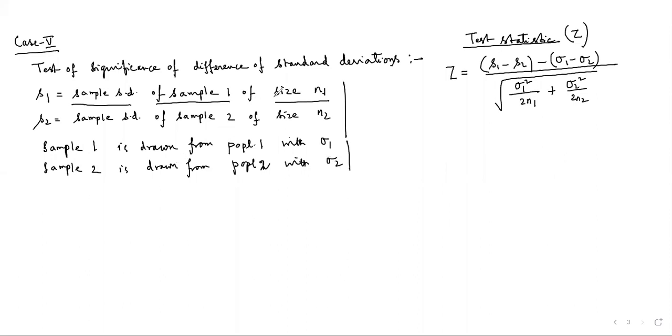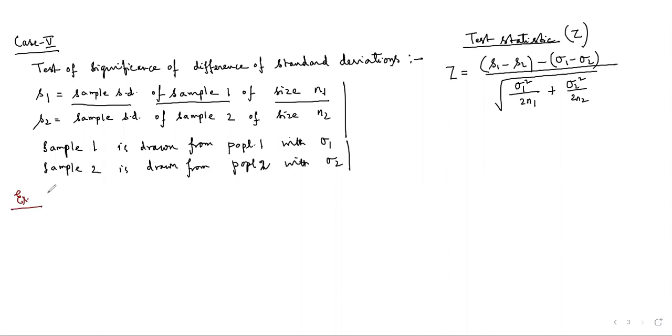These are the meanings of these terms, and with the help of this we can calculate the required Z value, decide on the level of significance, and decide whether to accept or reject our null hypothesis.